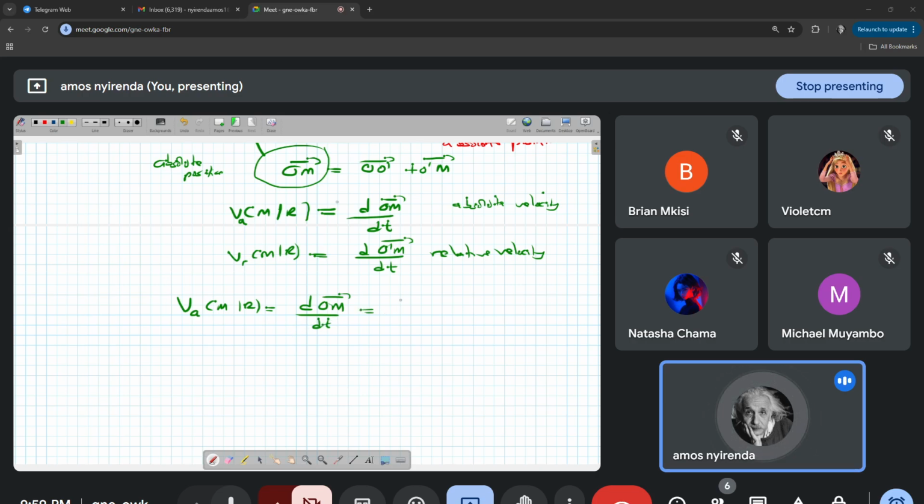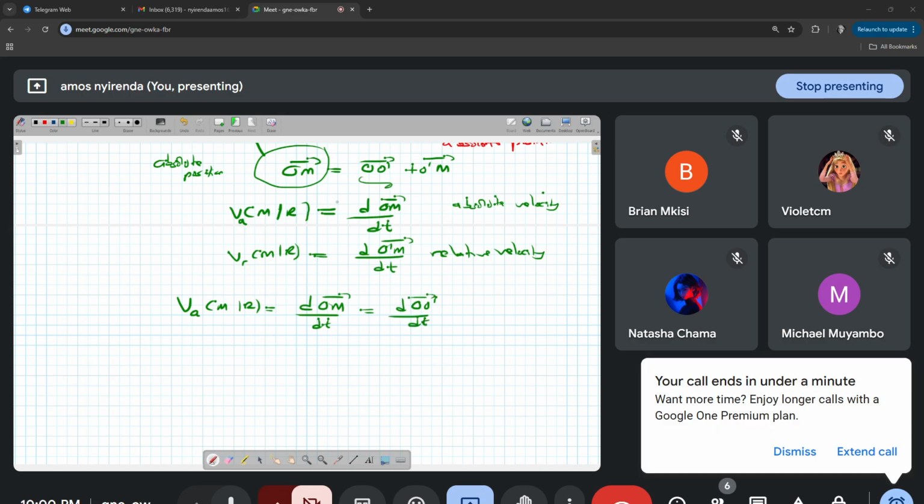Well, this is the derivative of OO prime with respect to t, plus the derivative of O prime M divided by dt. I've just expanded here. Hopefully you guys are able to follow.